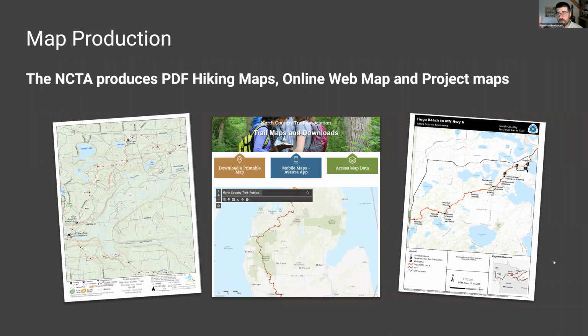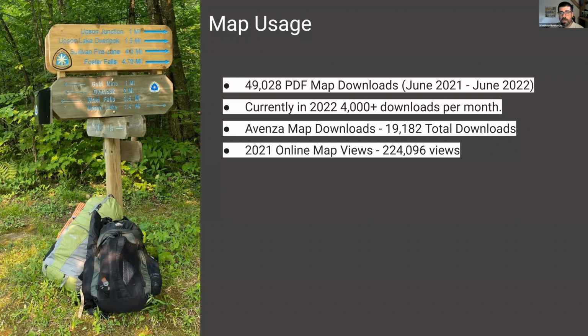So here's kind of a look into the analytics of the usage that we get. Our numbers are not huge in the grand scheme of things, but they're fairly big, relatively speaking, for us. We've grown substantially. So just under 50,000 PDF map downloads as of the middle of the summer for a year.